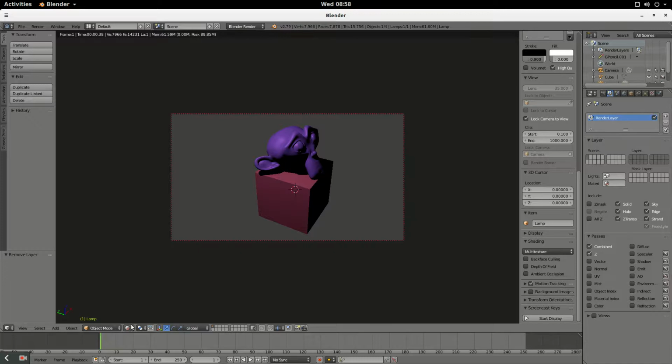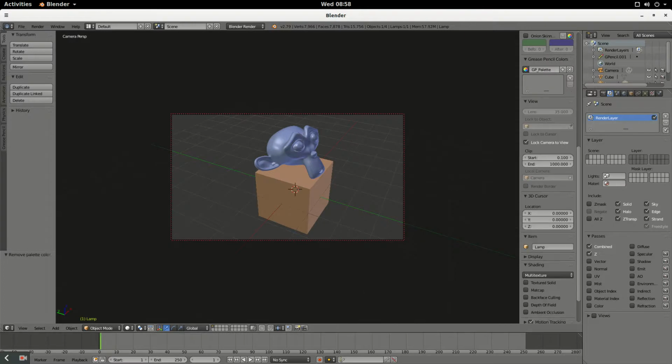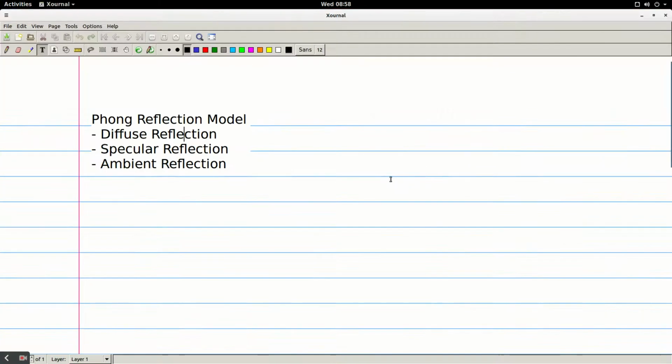In today's class, we will look into the math aspect of it. We'll see how we can write this thing mathematically so that we can come up with a pixel's color.